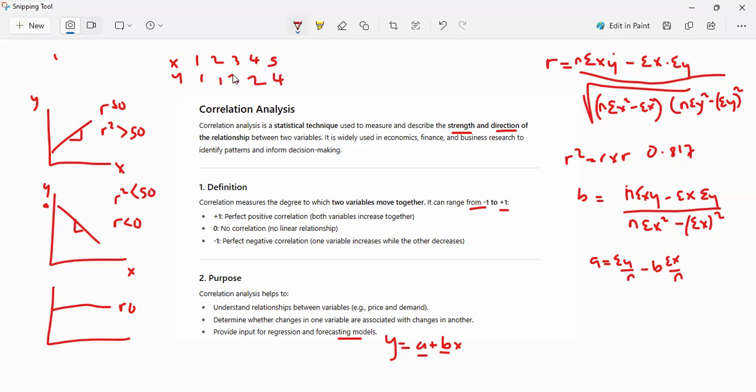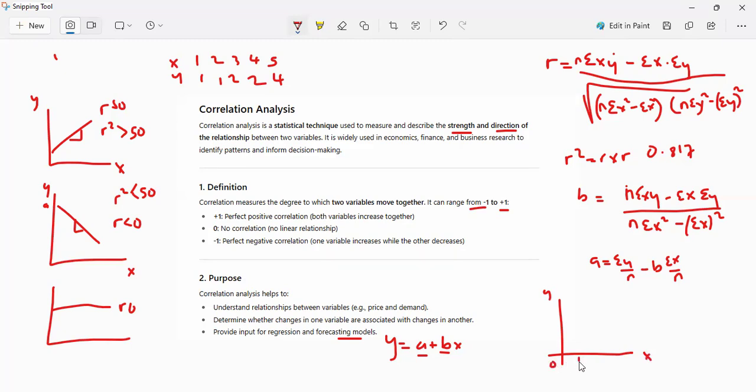So let us illustrate this to show whether it's a positive relationship or negative relationship. So our x is here and our y is there. So we have what? Y here and x here.